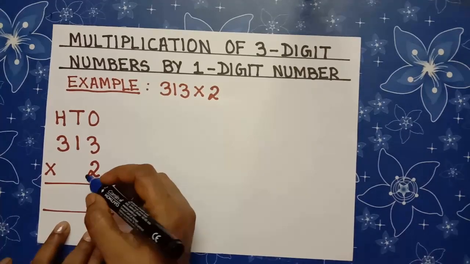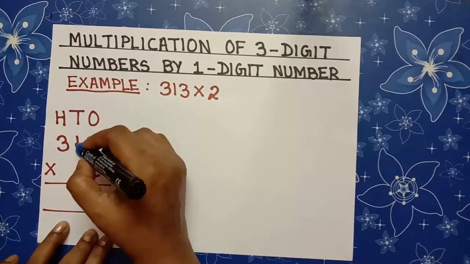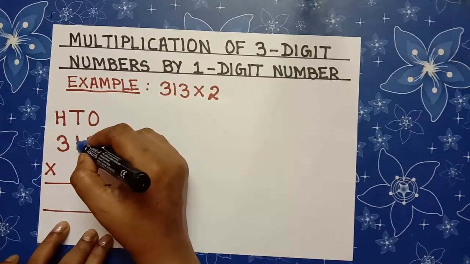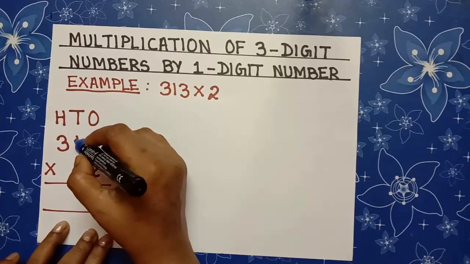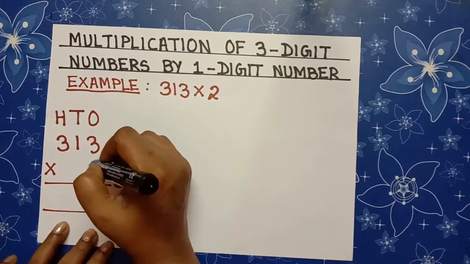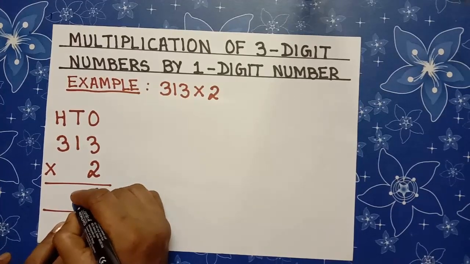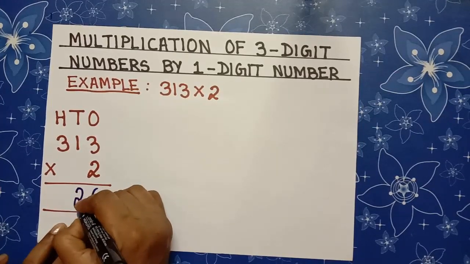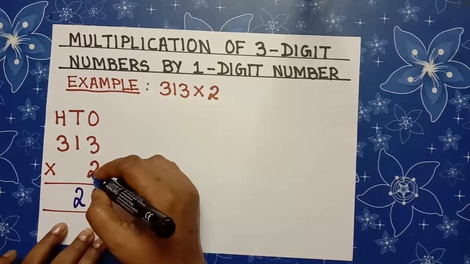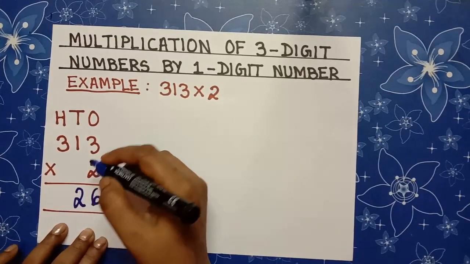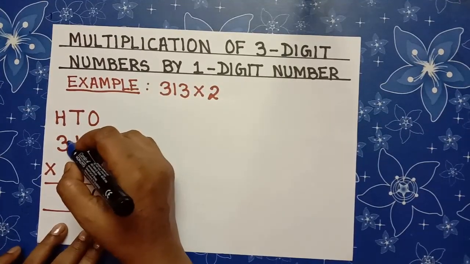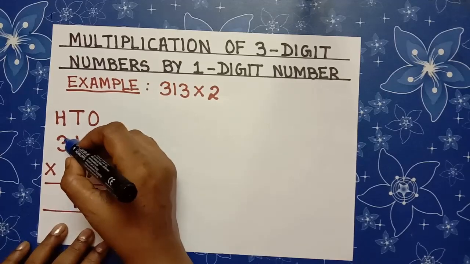Now multiply the tens digit by 2. What is the tens digit? 1. So 1 ten into 2 is how much? 1 two is 2. Write 2 in the tens place. Then multiply the hundreds digit by 2. What is the hundreds digit? 3.